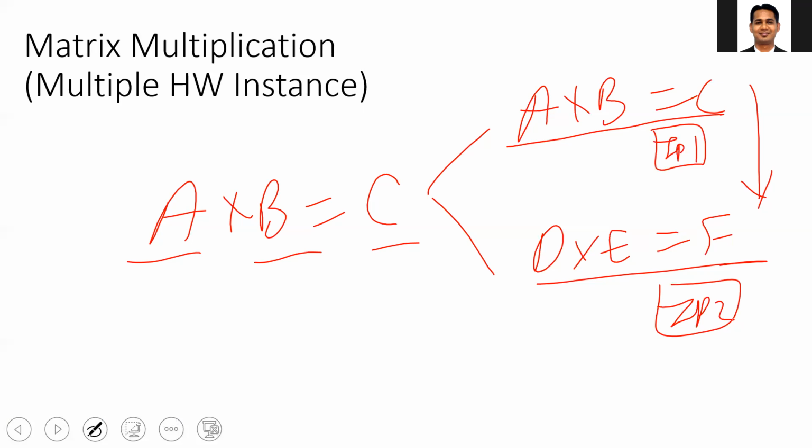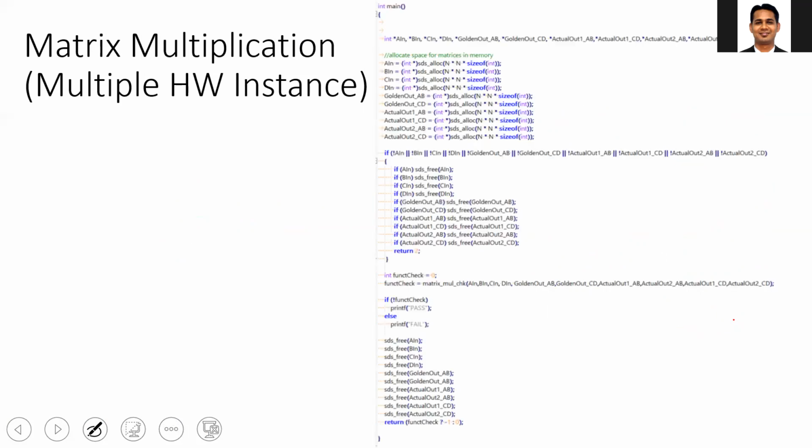So how do we do that in SDSoC? You will need to use the SDS resource pragmas, which we discussed in our previous video. Here in main.cpp, I'm defining all the inputs A, B, C, D. There are four inputs, and then I have two outputs from the software: one is the AB multiplication, one is the CD multiplication.